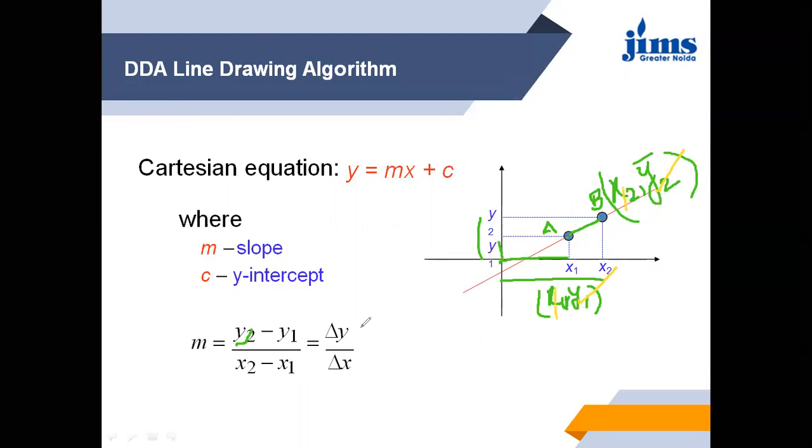In the numerator is the y coordinate, and in the denominator is the x coordinate. We also call it dy by dx, delta y by delta x. So we have to find out the values of delta x and delta y first. By using these values, we can find out the value of m.